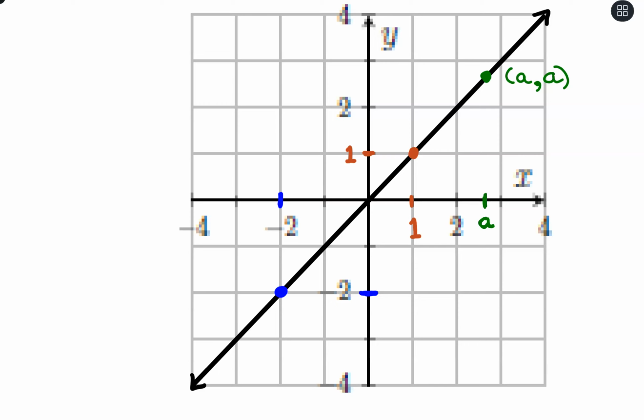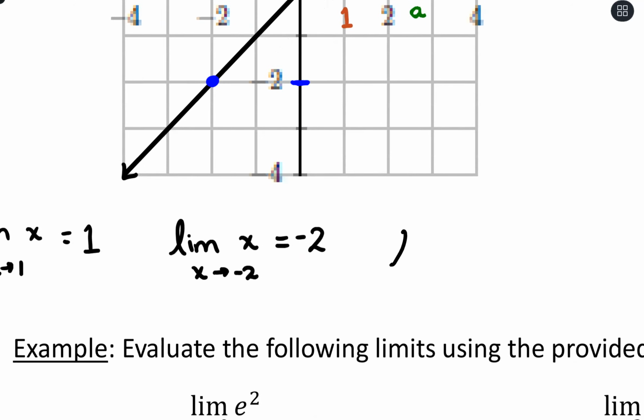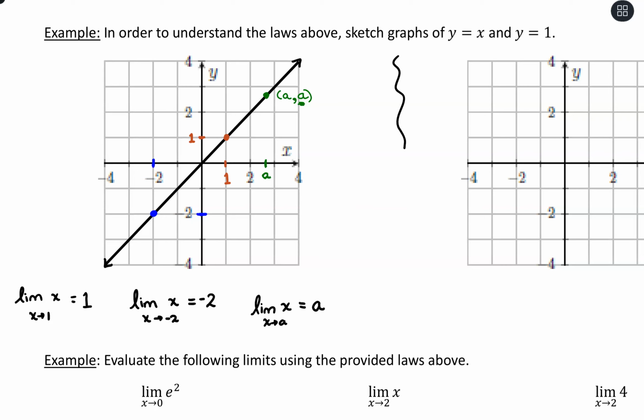So when we take the limit for any value as x approaches a, that limit is going to be a. Whatever value we're plugging in as x approaches a, if we have our equation x there, then that is just equal to whatever x is approaching. So that's one of our basic rules.